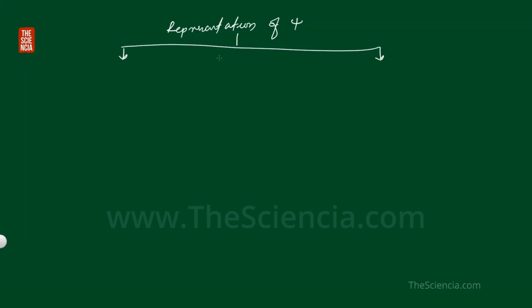Now, how can we represent the state? That is the representation of psi. The state can be represented in two ways. One is we can represent the state in position space, or we can represent the state in momentum space.